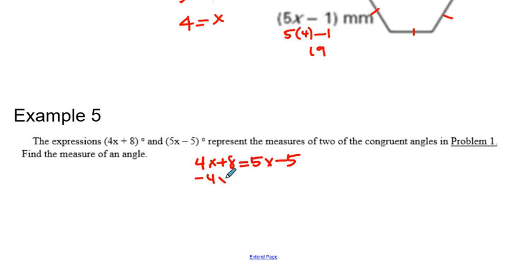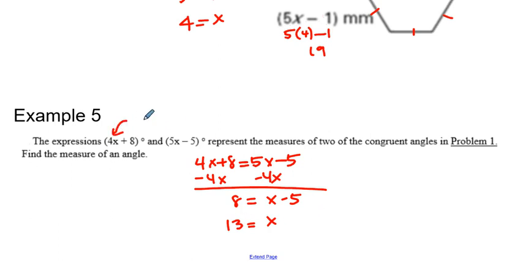I'm going to subtract 4x from both sides, and I get that 8 equals x minus 5. So add 5 to both sides, I get x is equal to 13. When I plug that back in up here, 4 times 13 plus 8 is equal to 60. And if we do that with the other expression, we can also verify that it's equal to 60 as well. Which is good.